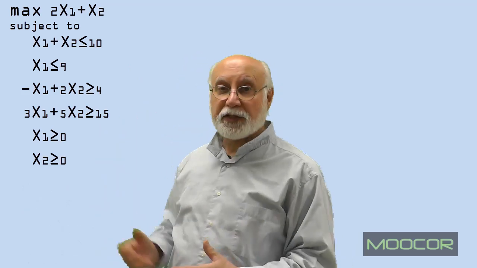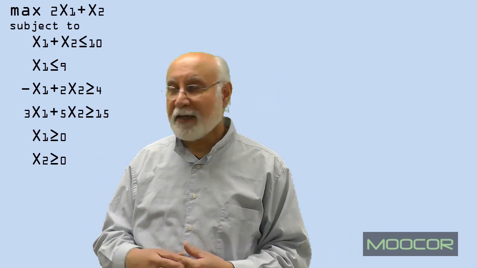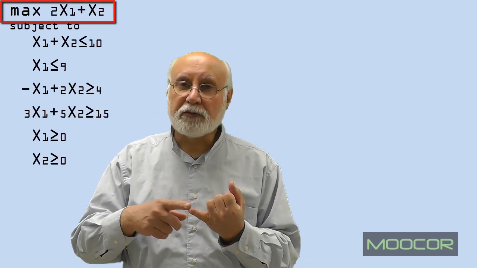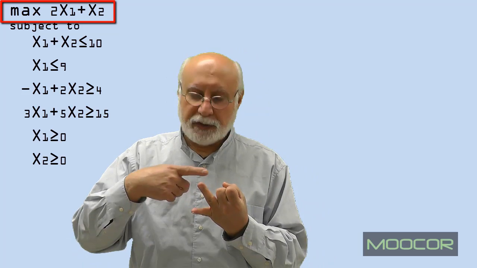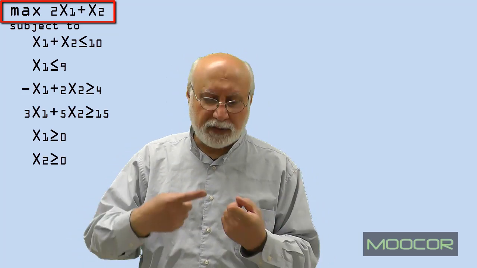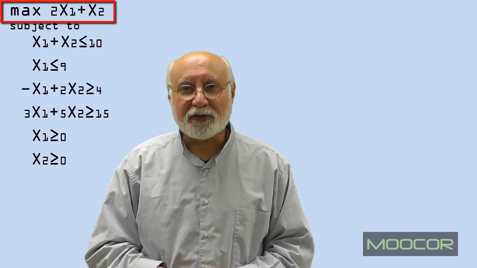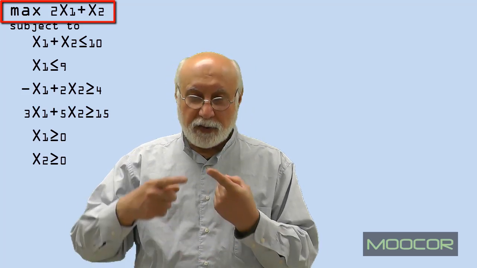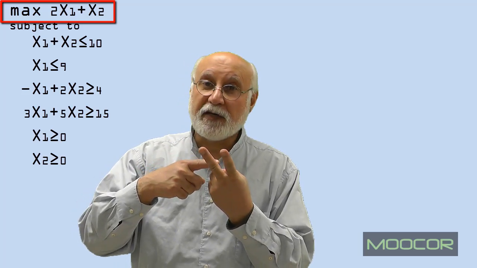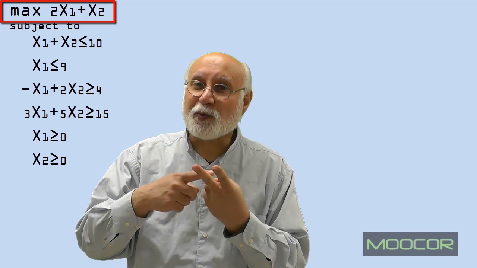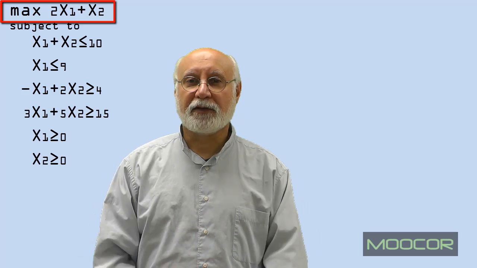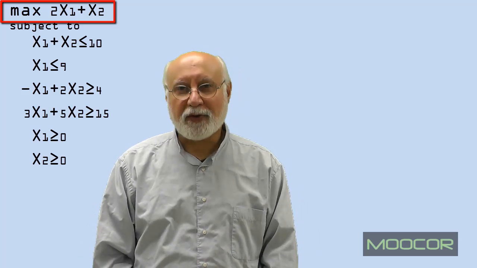Whether it's maximization or minimization, that specific function is called performance measure, criterion measure, a measure of performance, objective function. So now we have an objective function, we have a set of constraints or restrictions, and now we have something called a linear program.